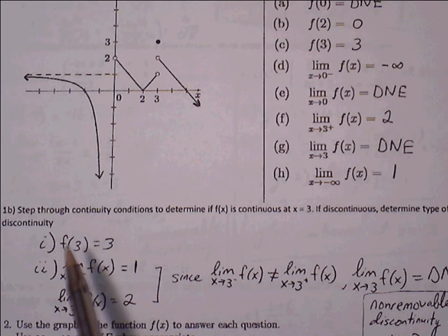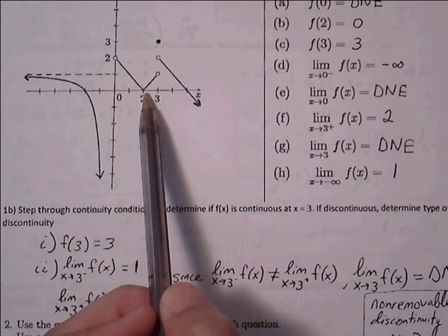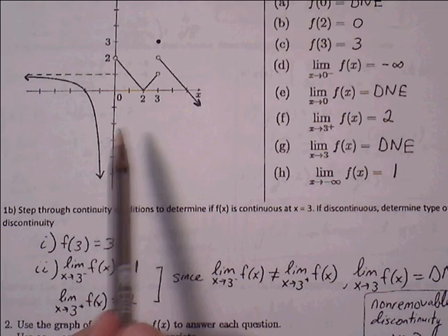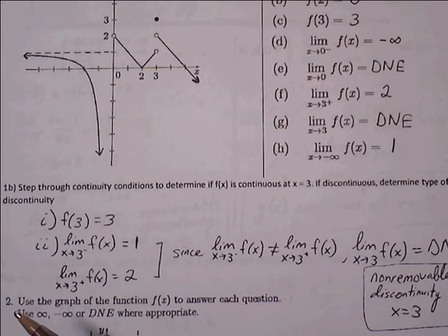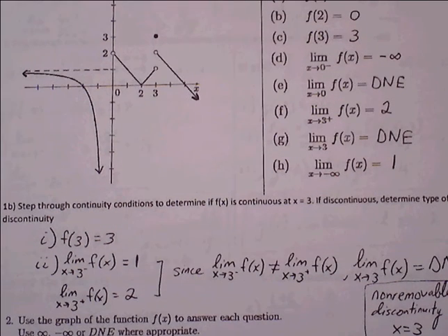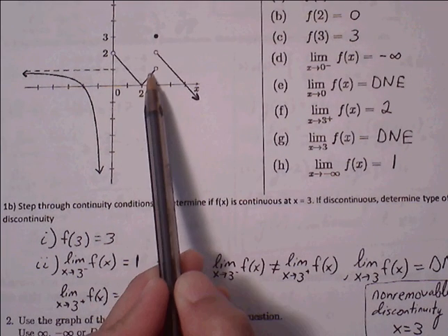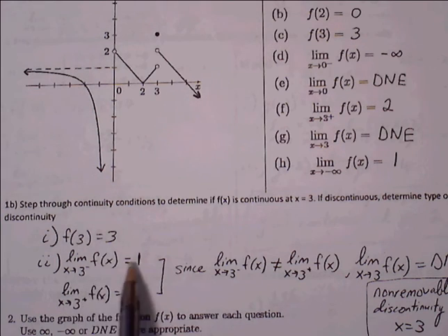The second condition is, does the limit exist? We already determined that the limit is not going to exist, but using the language we need for the continuity condition, we're going to use one-sided limits. The limit as x approaches 3 from the left side, with a negative here, is equal to 1.